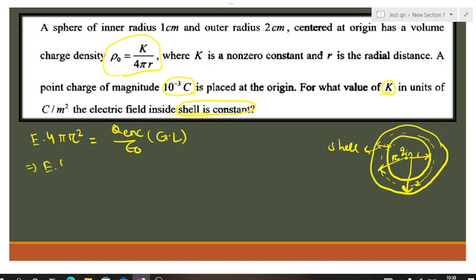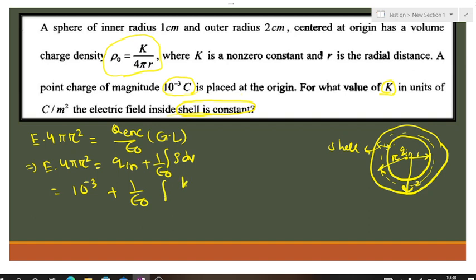Q in is already there. Q enclosed is Q in plus the integration of rho dV, by epsilon naught. That is 10 power minus 3 plus 1 by epsilon naught.